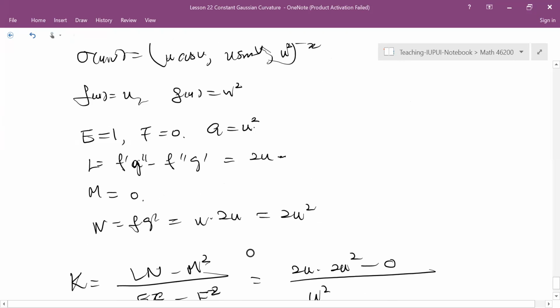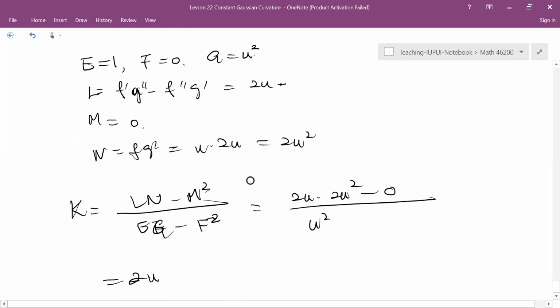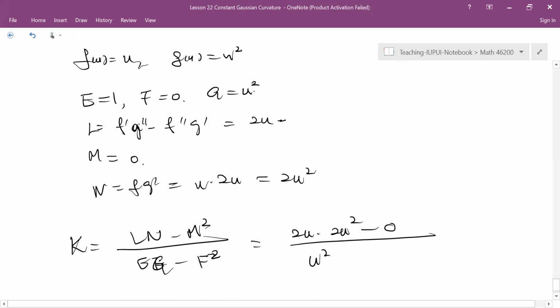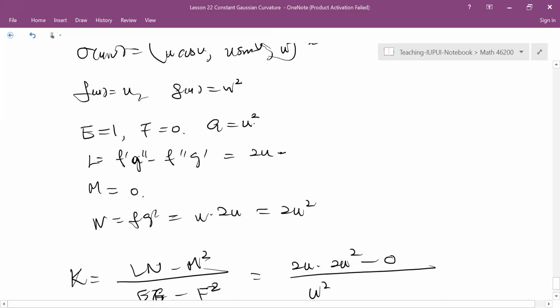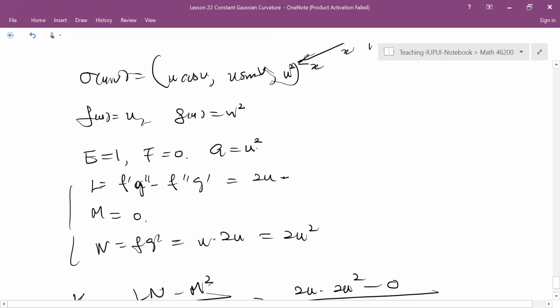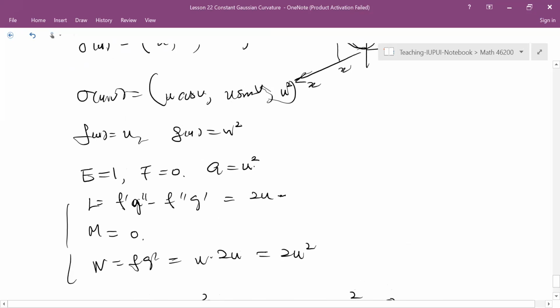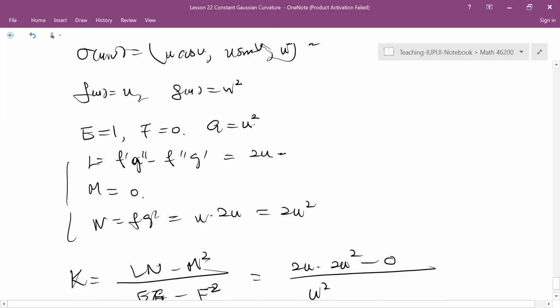Here we cannot use this formula, because the curvature I got goes to infinity when u goes to infinity. So you cannot just use the formula given in the book, because this formula is true when f prime squared plus g prime squared is equal to 1.